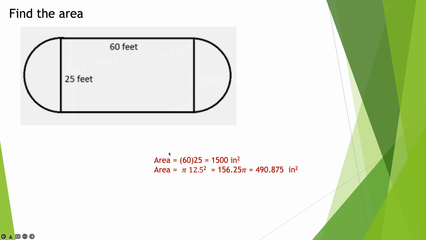Squaring 12.5, I get 156.25 pi. And then that, if I convert to a decimal, is 490.875. And if I want to find the total area, and I don't need to halve it this time because I have both halves of the circle here. Okay, so I add those two totals up and I get 1990.875 square inches.